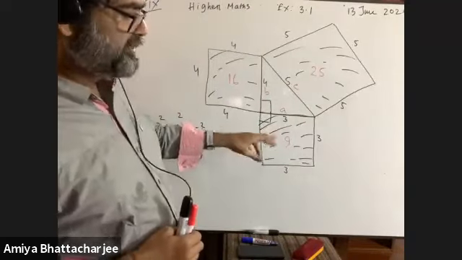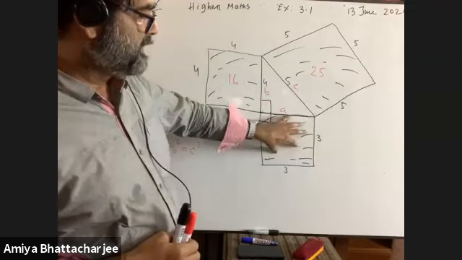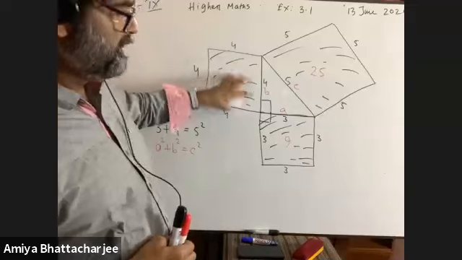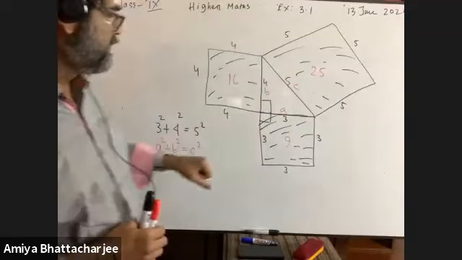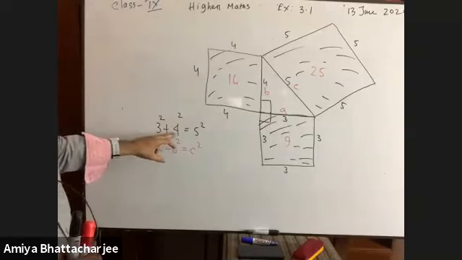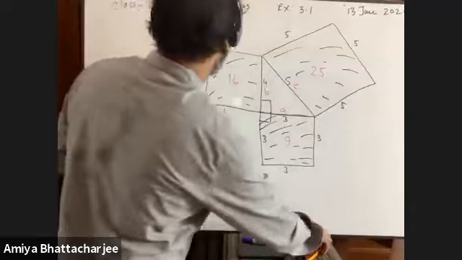That means other 2 sides means this and this side. This area 9 and this area 16. 9 plus 16 equals to 25. That is 3 square plus 4 square equals to 5 square.